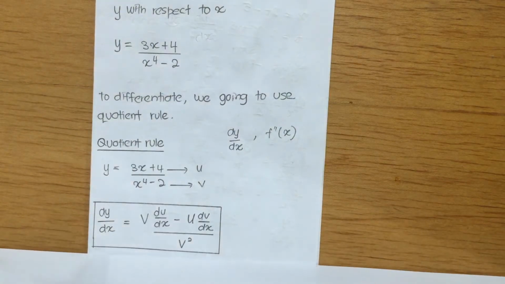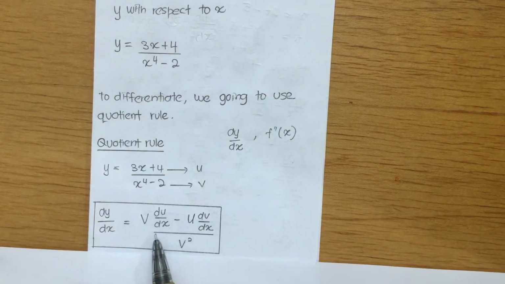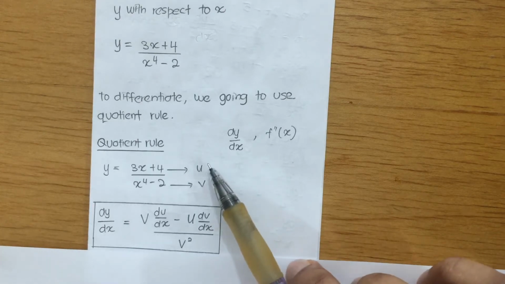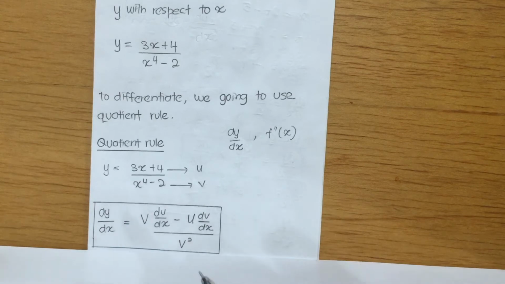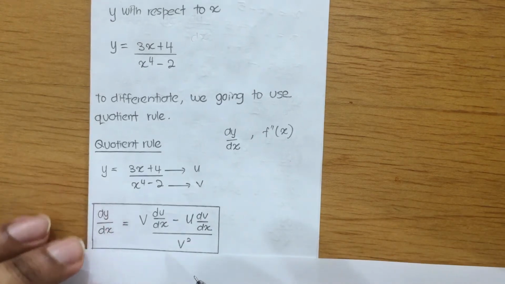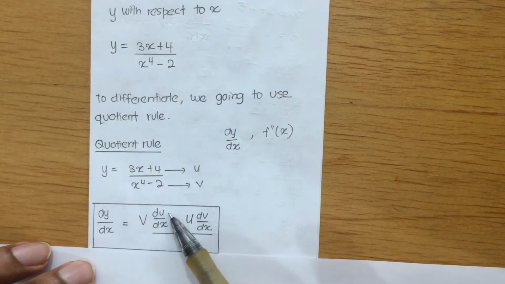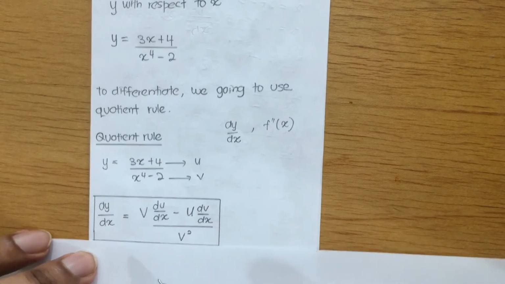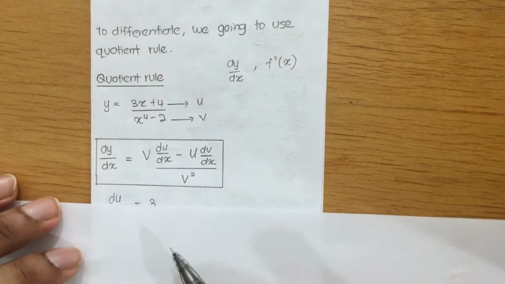So dy/dx equals v du/dx, or you can write v u prime, minus u dv/dx, all over v squared. We have already identified which one is u and which one is v. Now we can proceed to find the differentiation of u with respect to x and of v with respect to x.